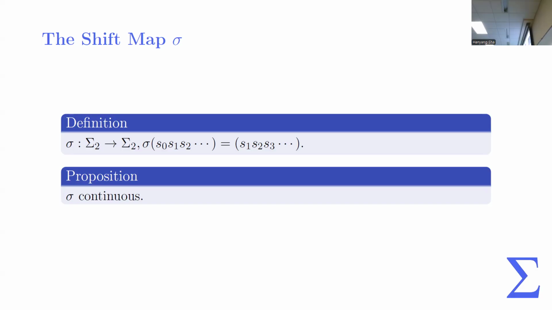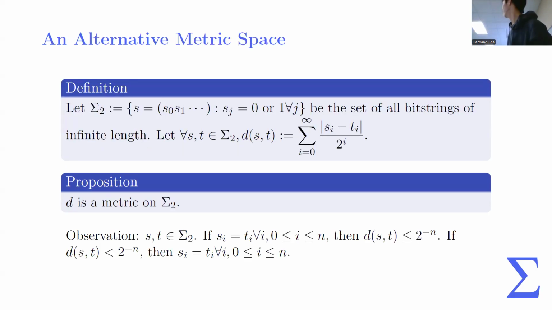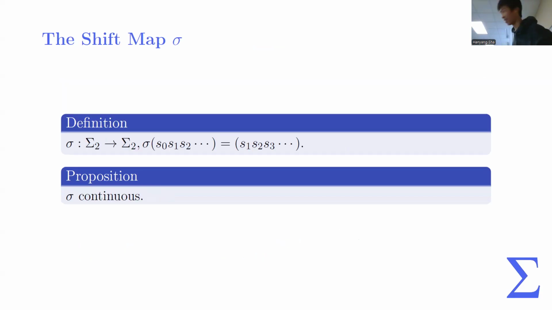Do you want me to prove this? I think this is pretty straightforward. We can look at the previous slide and use the second observation here. If the distance is less than some epsilon, then there exists some n where the first n bits are equal.